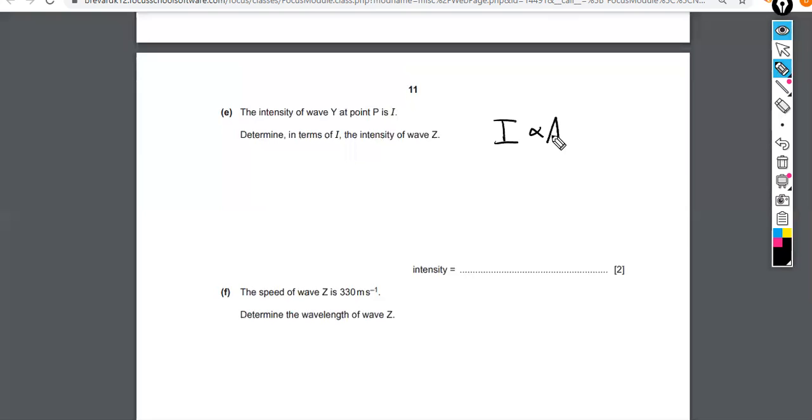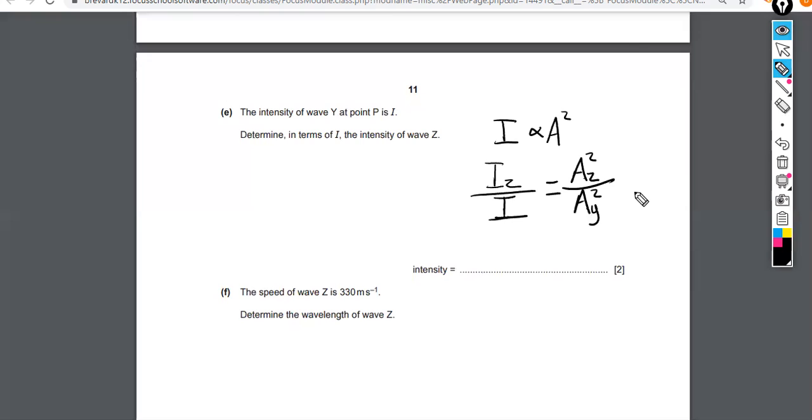So intensity is proportional to amplitude squared. So the intensity of wave Z compared to the intensity I of wave Y equals the amplitude squared of Z over the amplitude squared of wave Y.